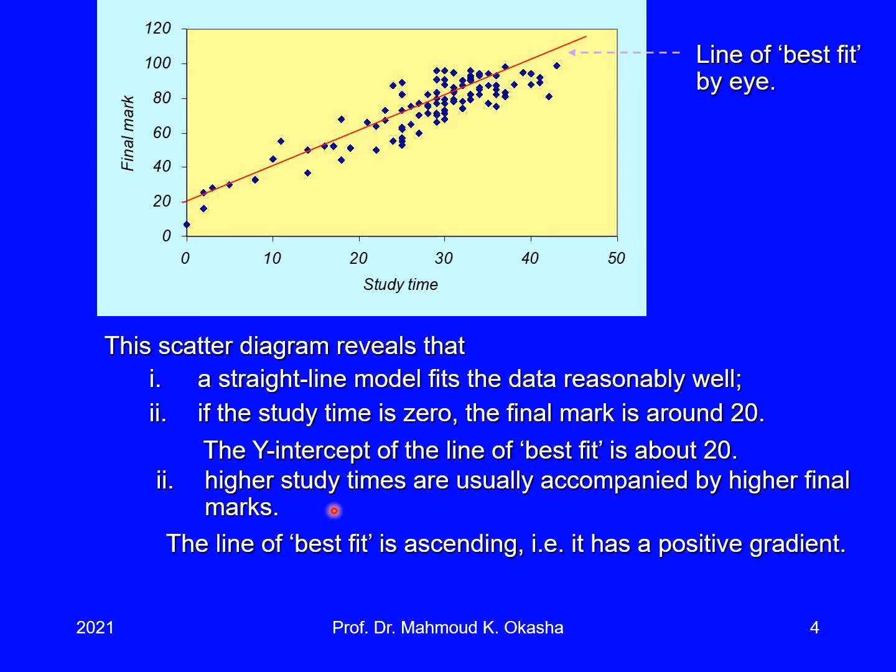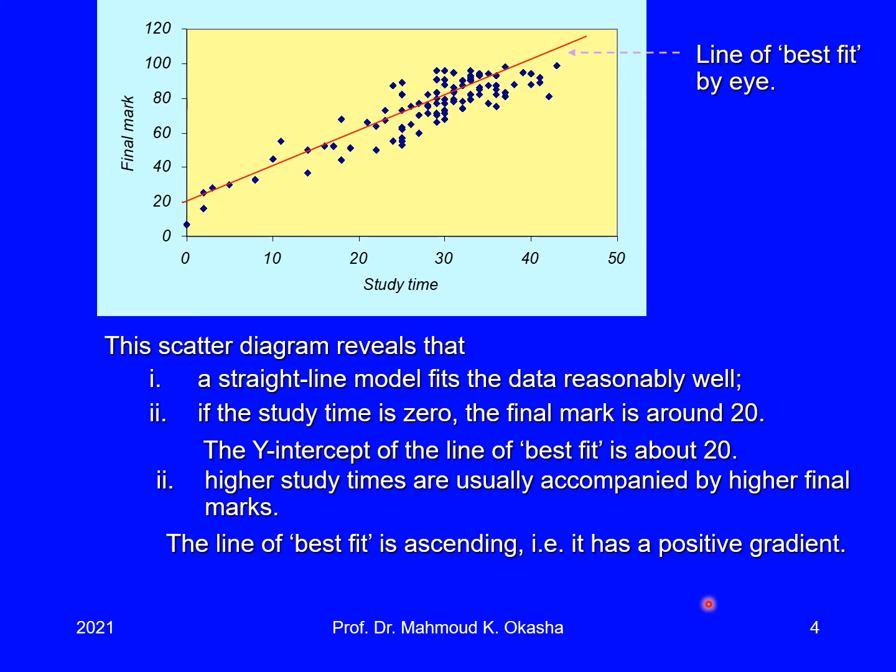The third point: higher study times are usually accompanied by higher final marks. The higher the study time, the higher the mark is. As he studies more, he gets a higher mark, right?